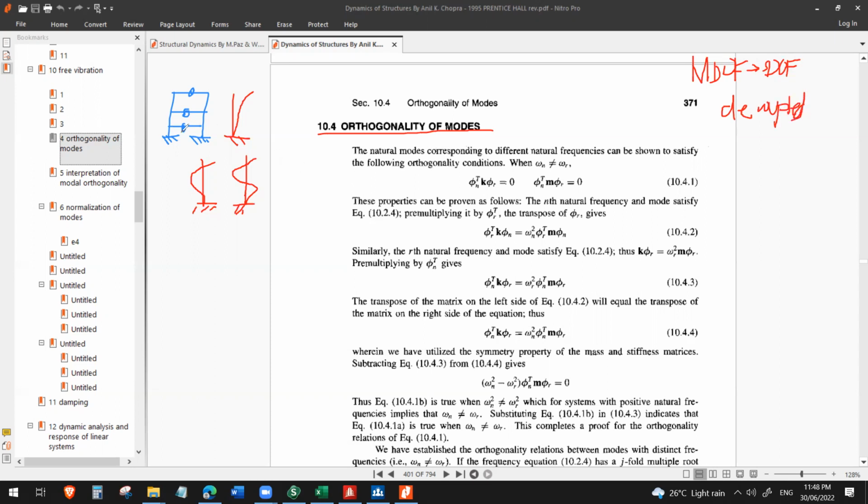Remember, if this is a 3-story structure with 3 degrees of freedom, you will be dealing with 3 equations, 3 unknowns, so a coupled equation. With the help of this concept, modal orthogonality, we can analyze the MDOF as an SDOF.